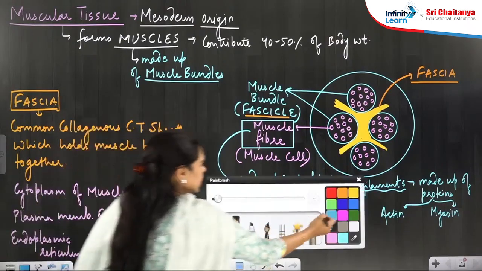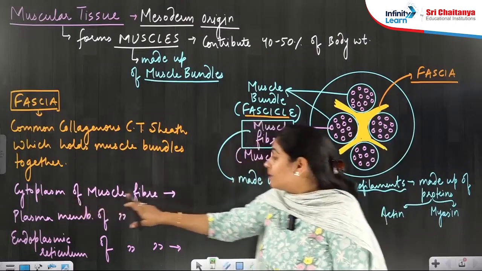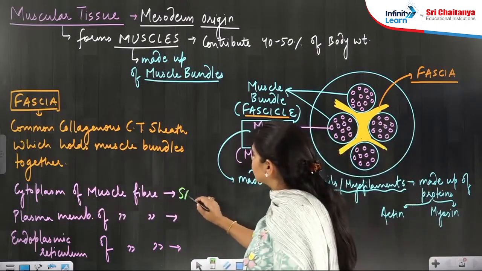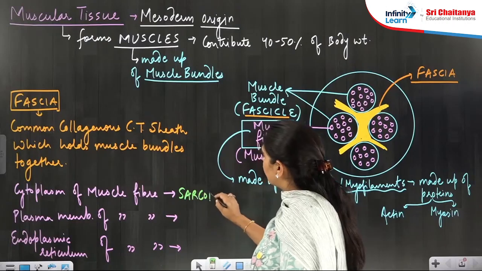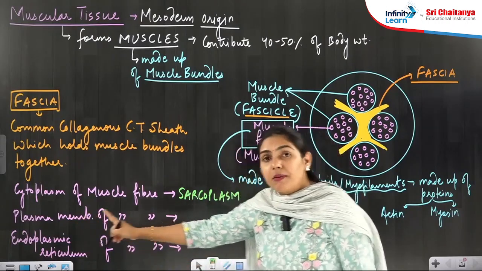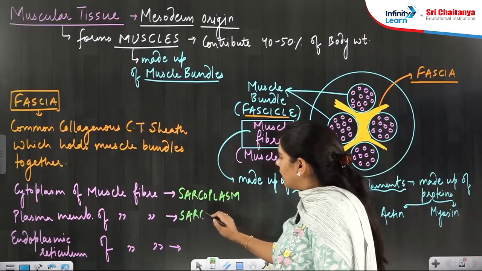These terms are important. So cytoplasm of muscle fiber is known as sarcoplasm. Plasma membrane of muscle fiber is known as sarcolemma.